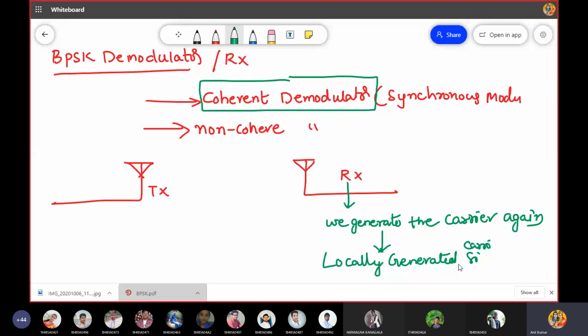At the receiver side, again we need to generate the carrier signal in coherent demodulation.